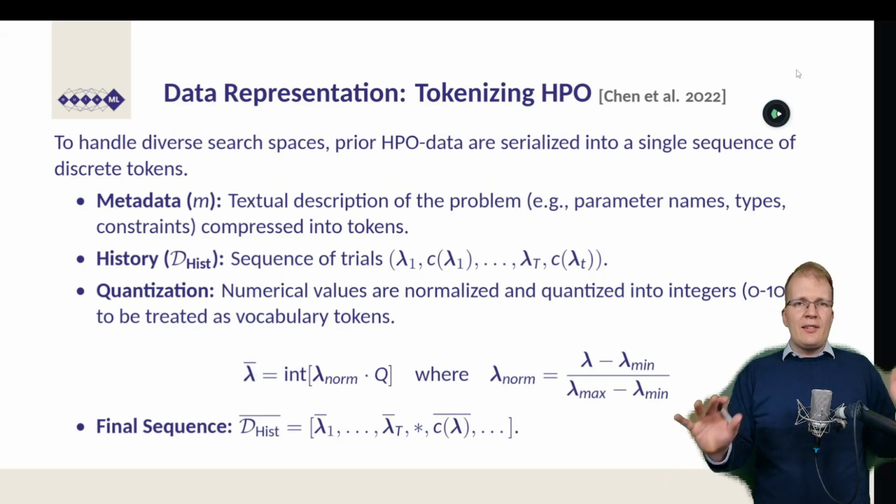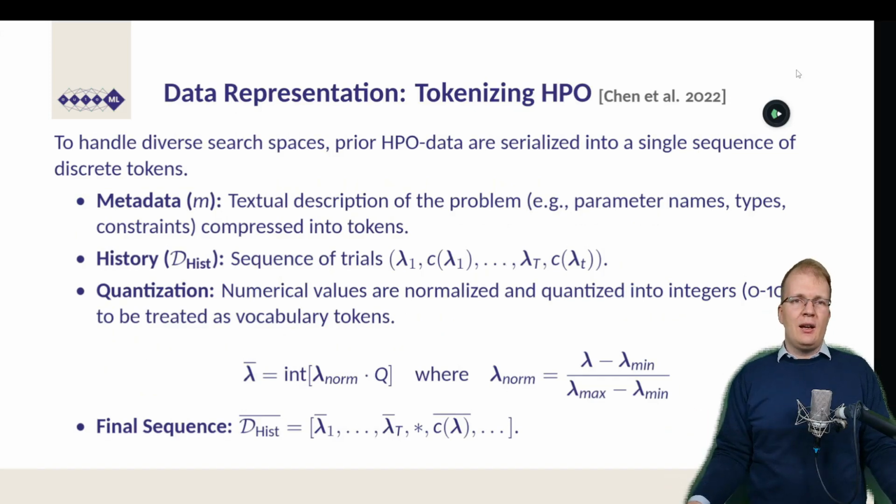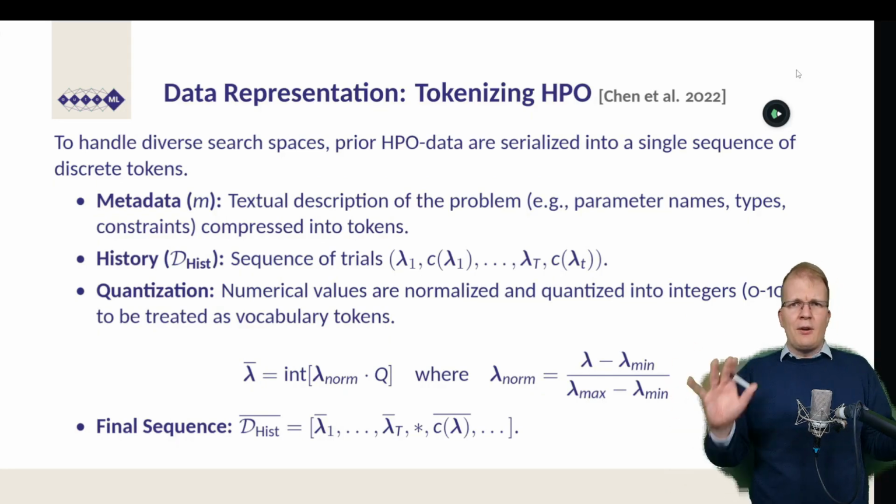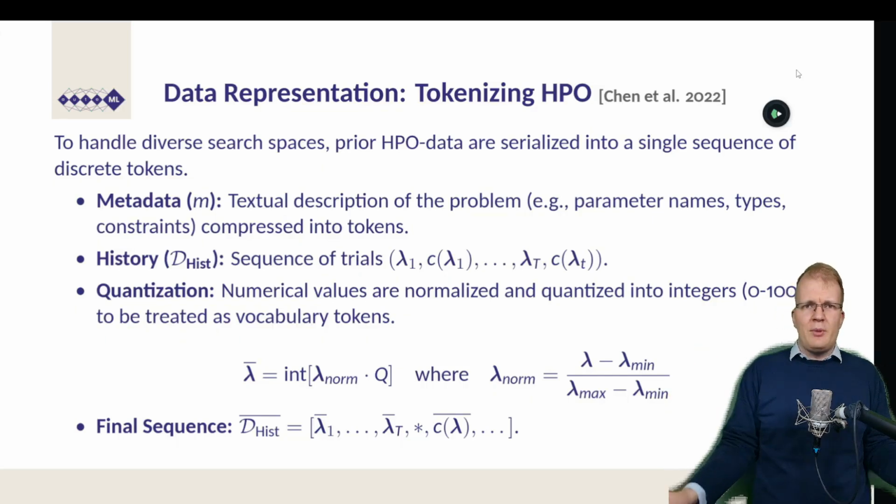Of course, there are some small tricks if you'd like to do that. First of all, we're treating metadata simply as a textual description. That's the easy part. We have parameter names there, types, constraints maybe, and everything is compressed into tokens.